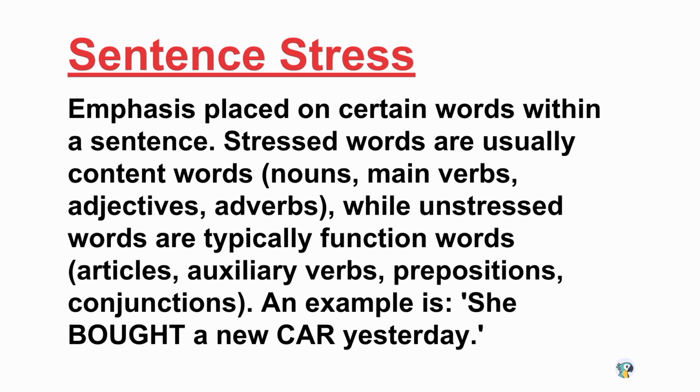Instead, she bought a new car yesterday. So that means the emphasis is placed on the word bought and not sold, and on the word car and not bike, not airplane, not jets. Are you getting it? Content words are usually stressed, function words are not usually stressed.